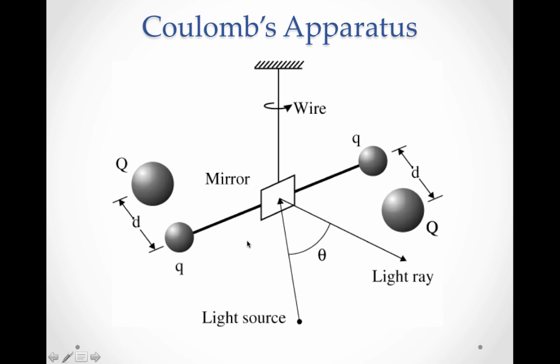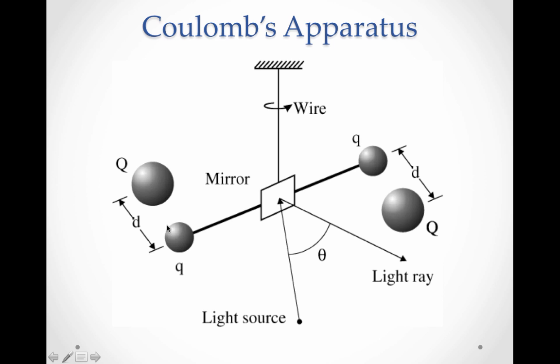This is an illustration of the apparatus that Coulomb used to find his electrostatic law. What you can see here is that we have two different spheres. They're going to represent two different charges, and we have the same thing on this other side of a torsion bar. This torsion bar is free to rotate on this wire, and there's a mirror attached, so a light beam can come and hit the mirror and go out this other side.